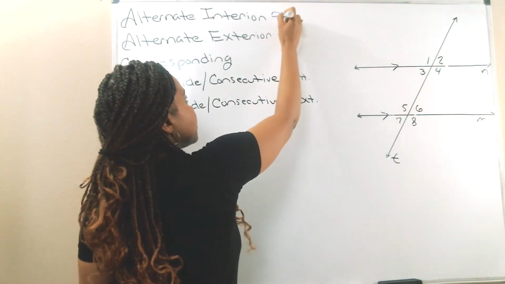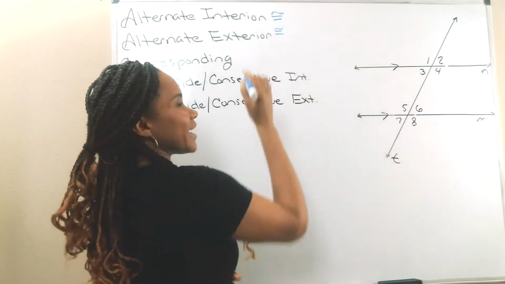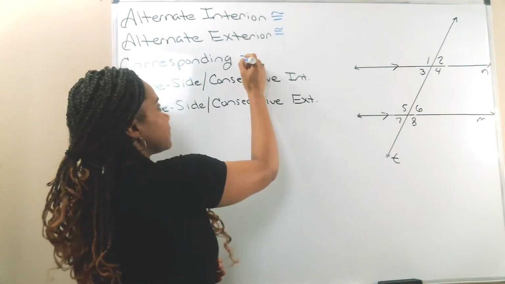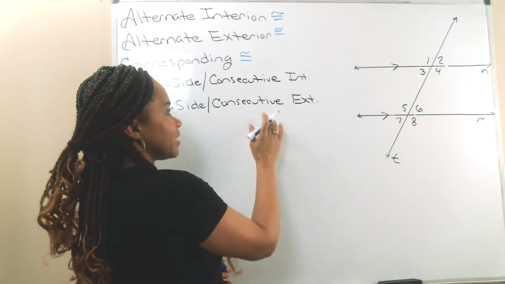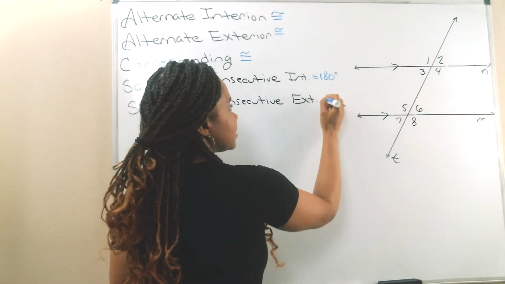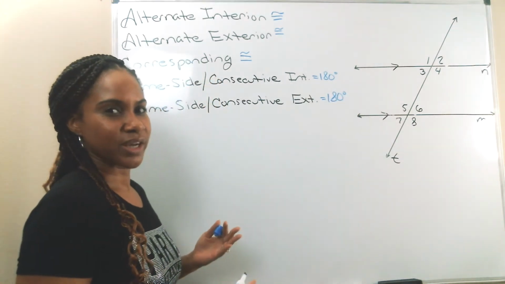Remember congruent, we have that equal sign with a little squiggly line over it. That means that they have the same angle measure. And the same side interior and exterior angles would equal 180 degrees. So they are supplementary, meaning they equal 180 degrees.